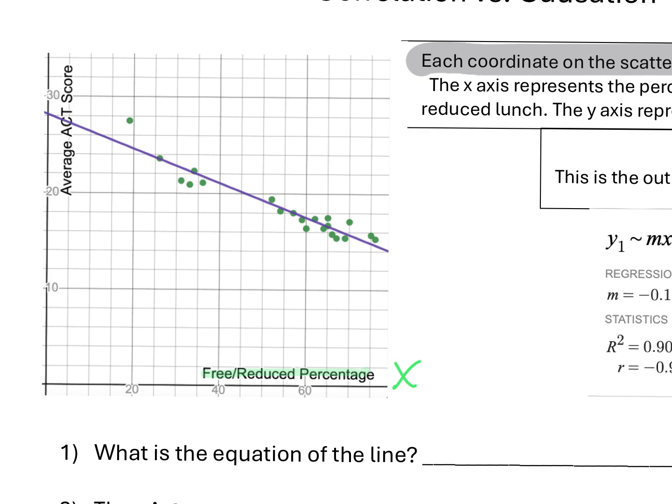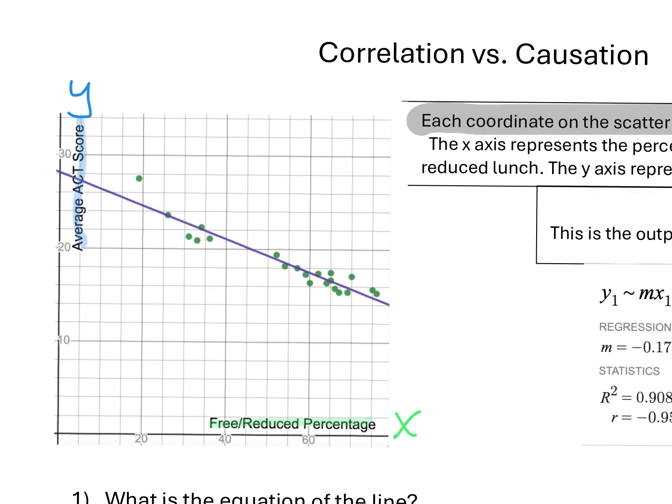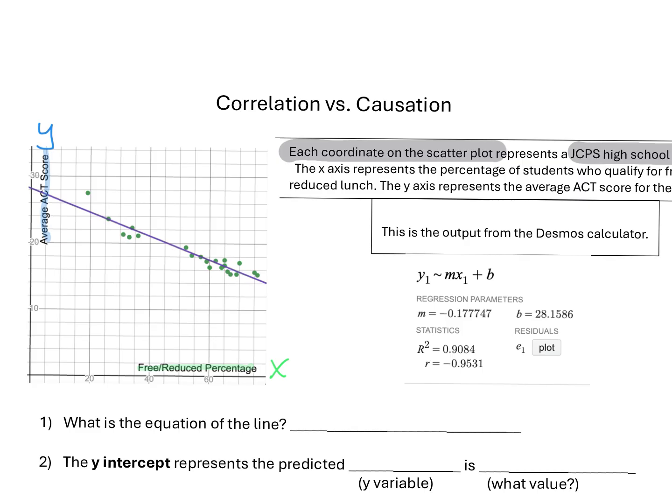That means it's the percentage of families that have a lower income level so that they qualify for free lunch. And the y-axis represents the average ACT score at that school.